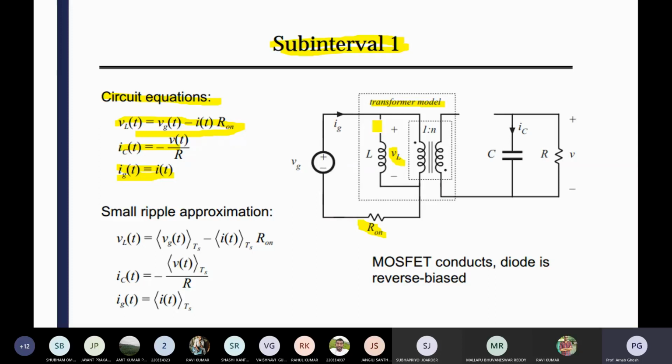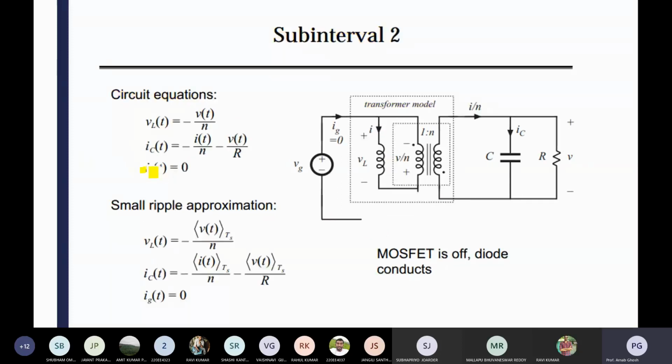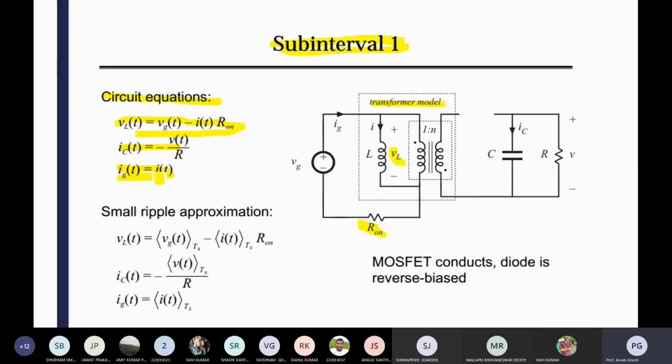So in the first interval, you are approximating, neglecting the ripples, so the approximated values come over here. VL equals the average value of VG with the time period TS, then the current iT over the time period TS multiplied by R1. Simple thing. iC is also calculated in terms of average value.